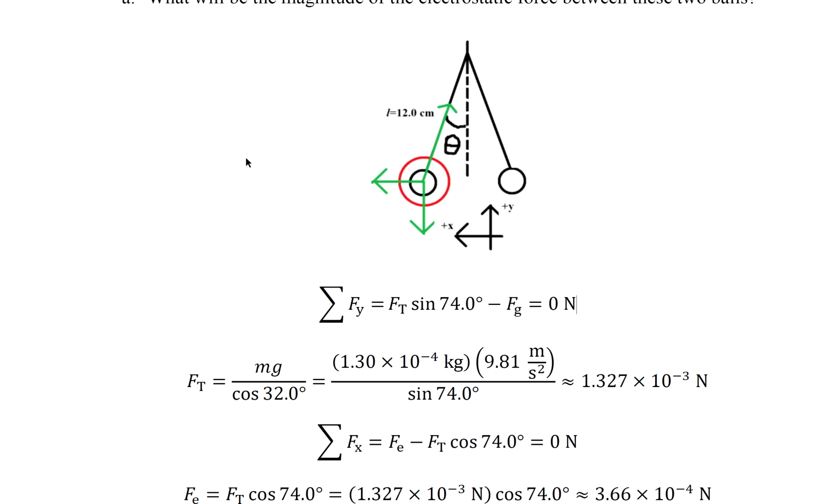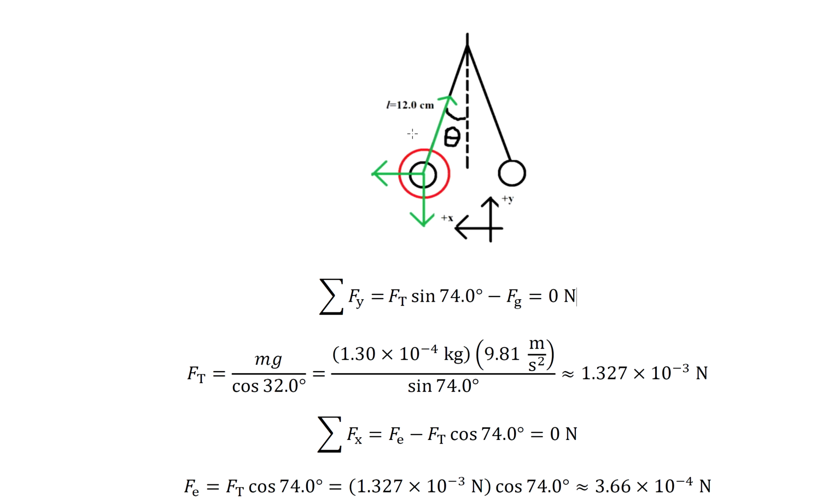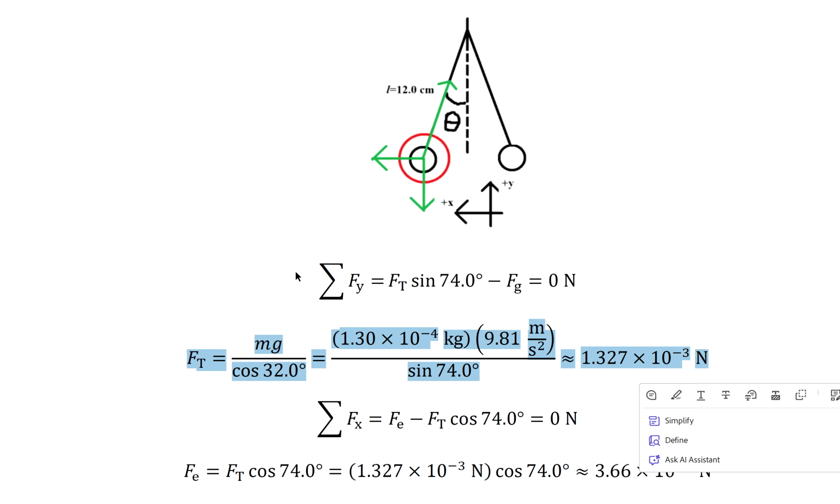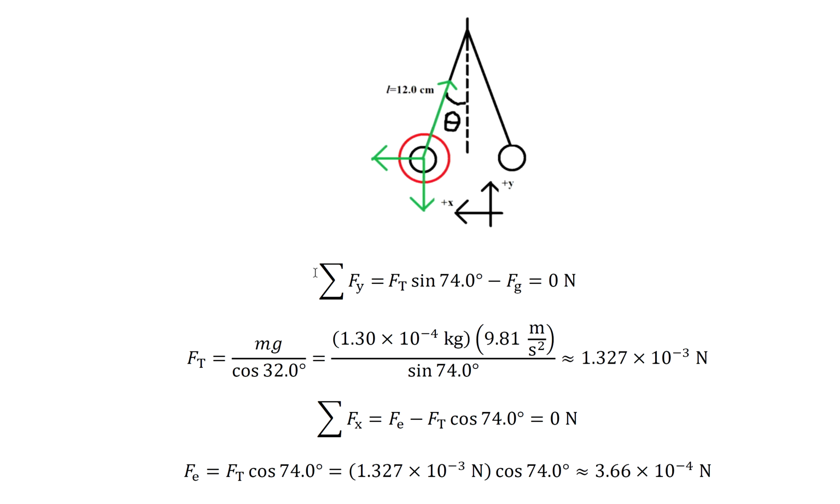So circle the object, label the forces. We have force of tension, force of electric, force of gravity. So this is what force of tension is. And this is sigma F sub y. So this is the first step here. And this is where we solve for force tension.